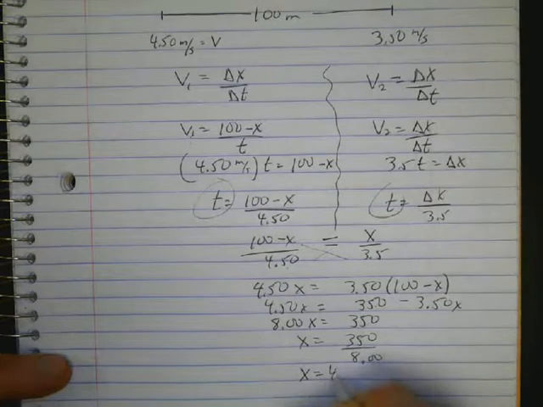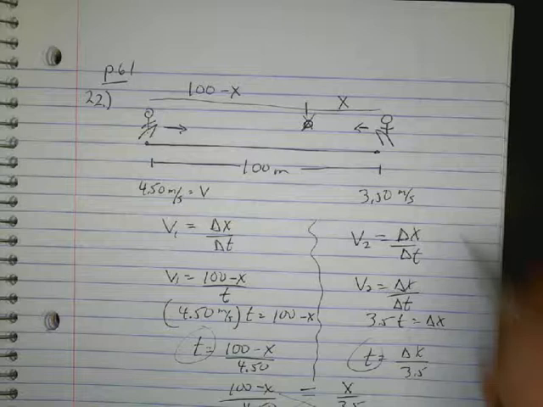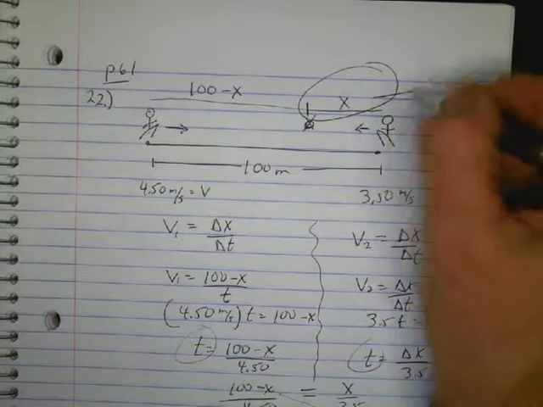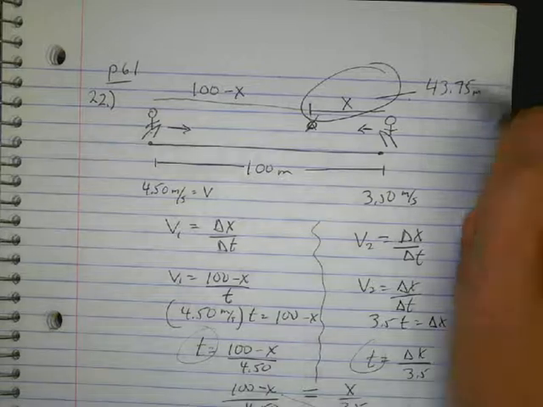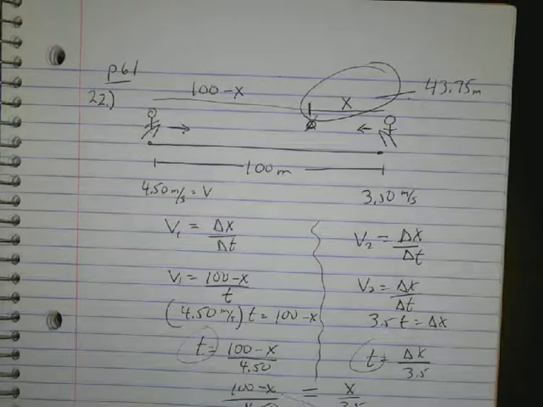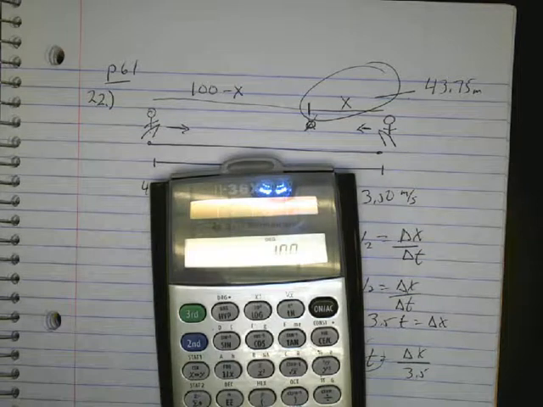So the distance x in our problem is 43.75 meters. Let's look back up here. This distance right here is 43.75 meters, and that means that this young lady ran 100 minus 43.75. Where's the answer on this?